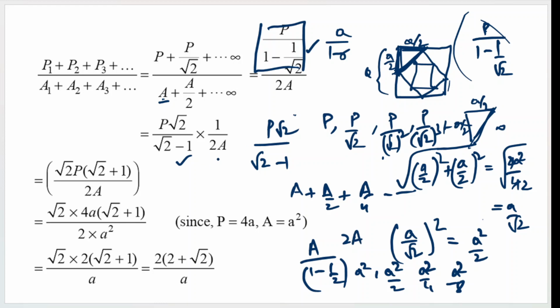And for perimeters, P by 1 minus 1 by root 2 simplifies to P root 2 by root 2 minus 1. So the ratio of total perimeters to total areas is P root 2 by root 2 minus 1 into 2A.